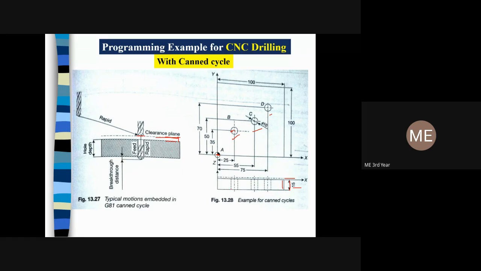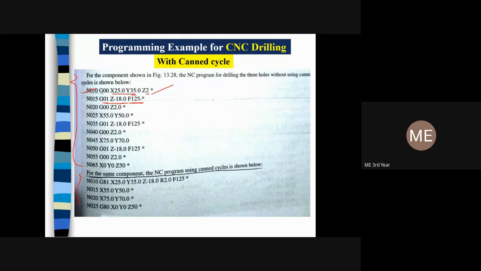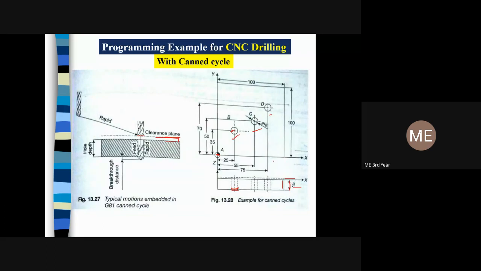Then I want to move my tool 1 millimeter extra, because otherwise some excess material will remain at the bottom portion. I want to make a through hole, so I give 1 millimeter extra. That's why I gave my Z direction negative 18 millimeters. 15 millimeters is the thickness of the workpiece, and 2 millimeters is the current position of the tool away from the surface. So 15 plus 2 is 17.